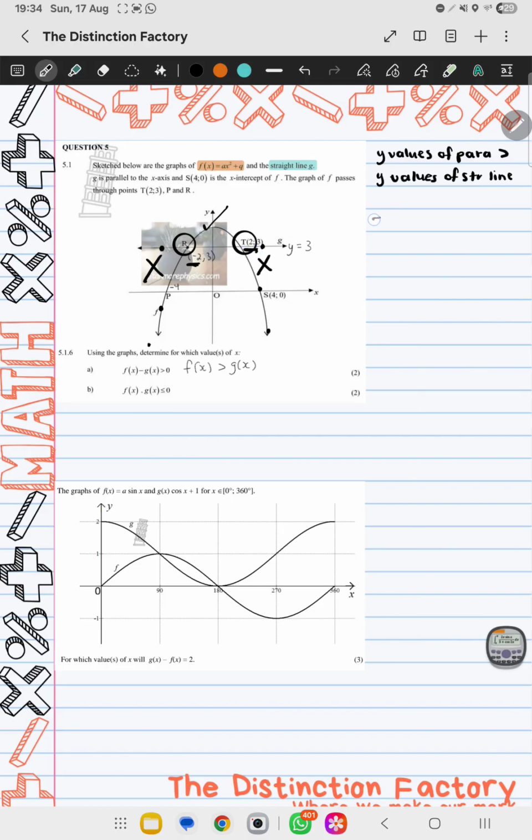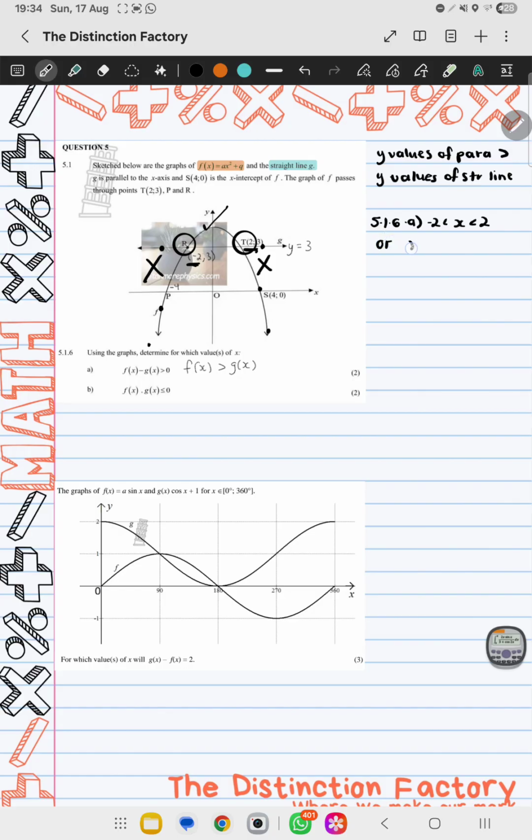So for 5.1.6, our answer, we are going to tell them that x needs to lie in between -2 and +2. Notice that we write it in this format because it's one continuous answer. It's one continuous section that we are pointing out to them. So we can write it in this way. In the next one, we'll be looking at when there's two different answers to our question.